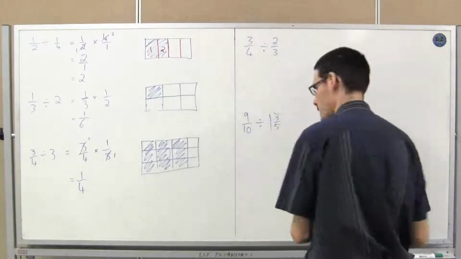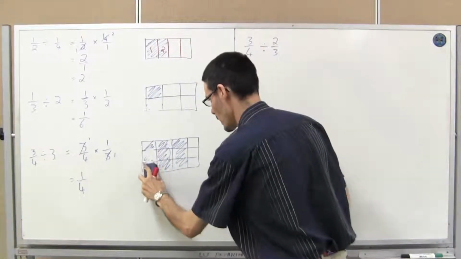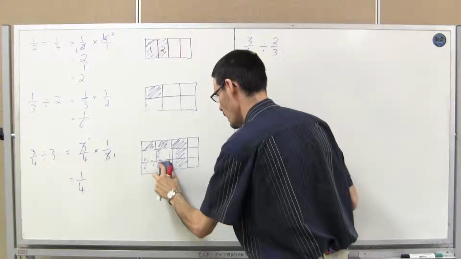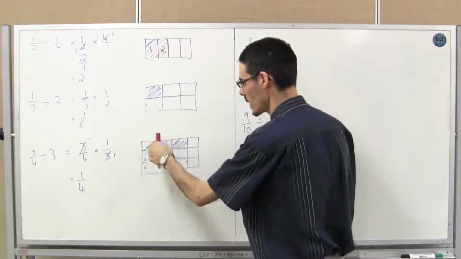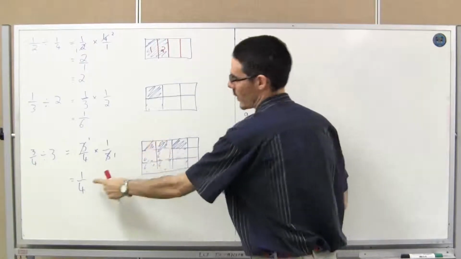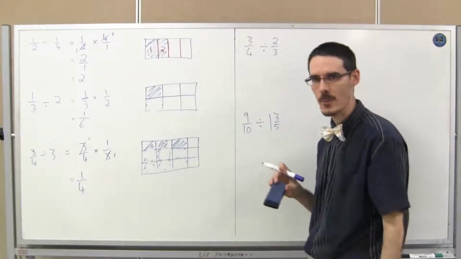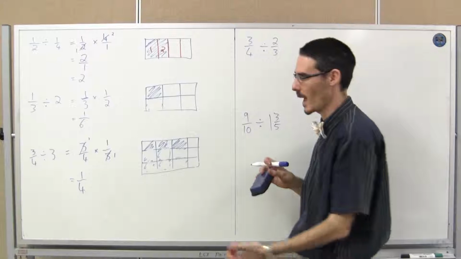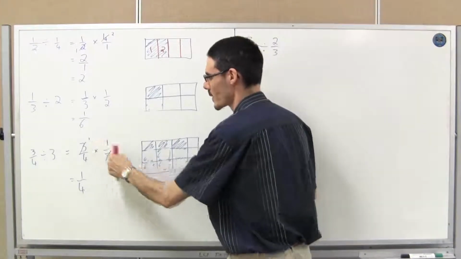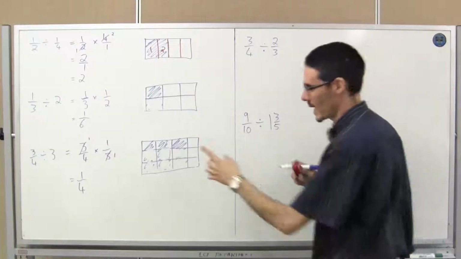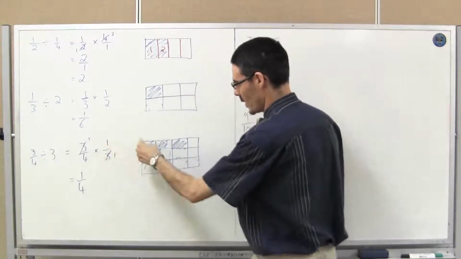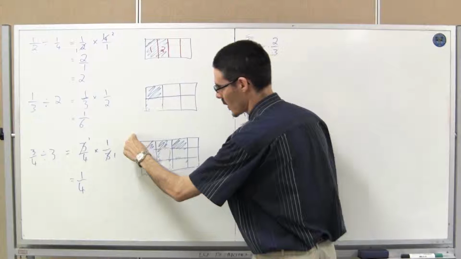And I only want one part of that. 3 out of 12. And 3 out of 12 is the same as 1 out of 4. I would have got 3 out of 12 if I hadn't simplified that first. It's also exactly the same as 3/4 times 1/3.